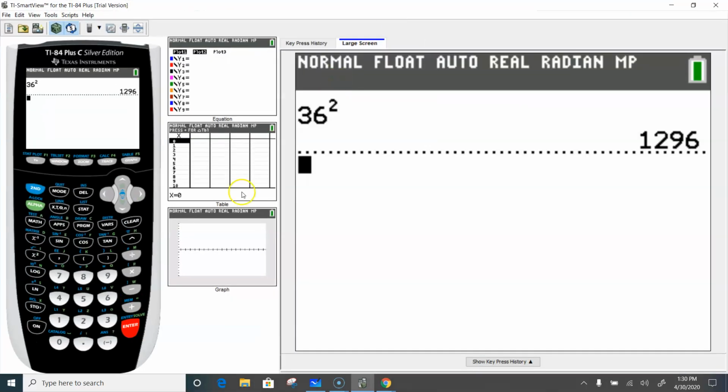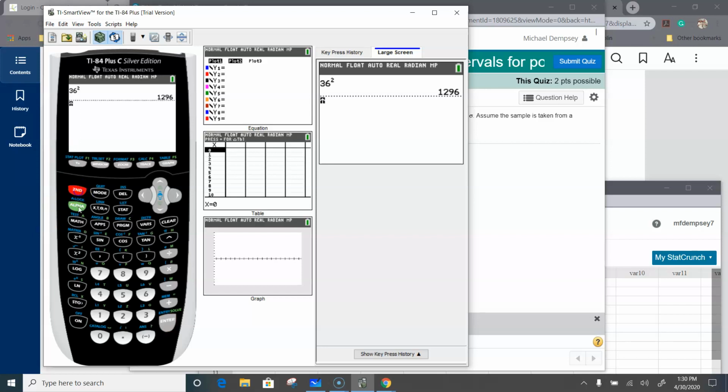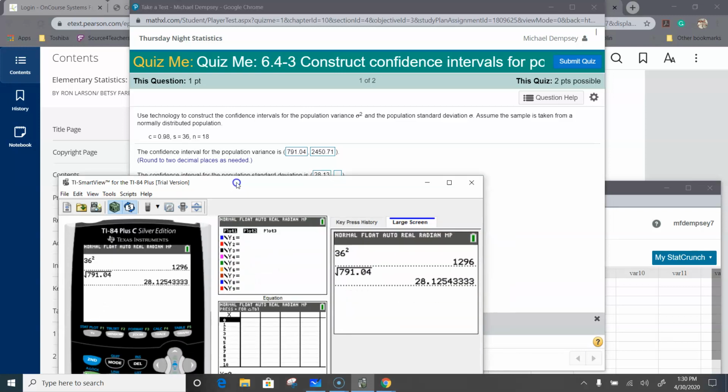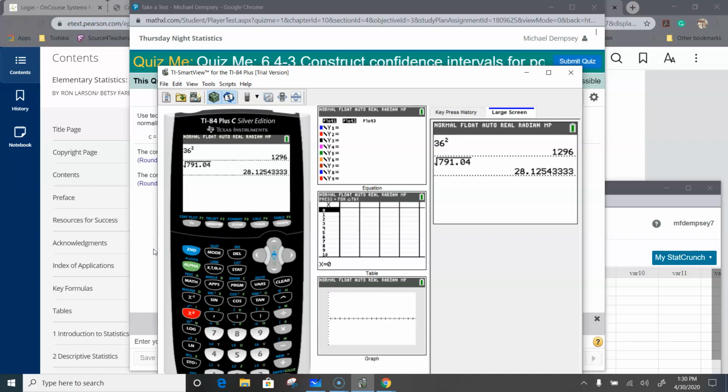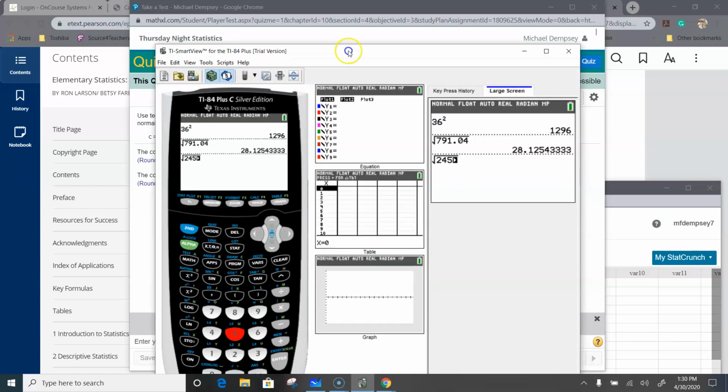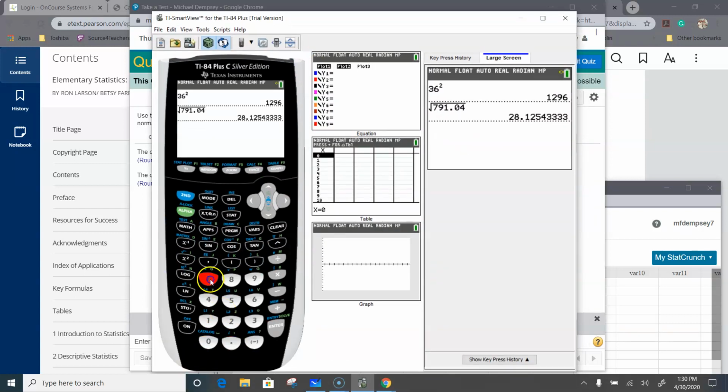So the square root of 791.04 is 28.13 and the square root of 2450.71 is just 49.5.